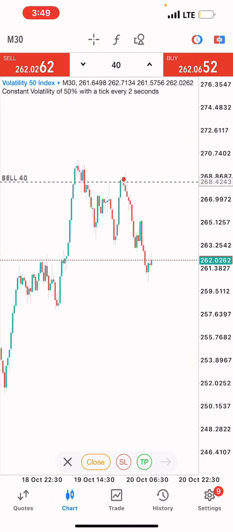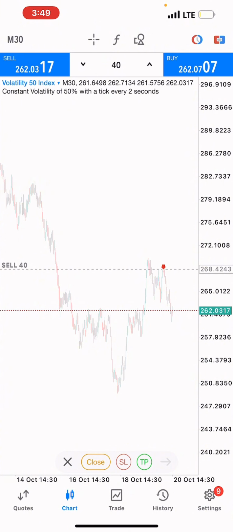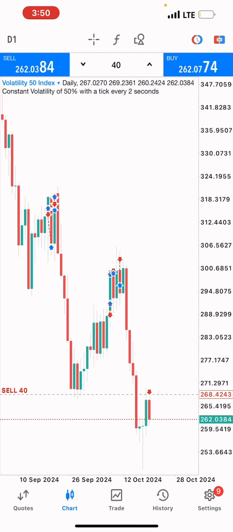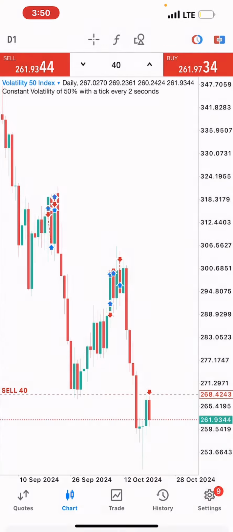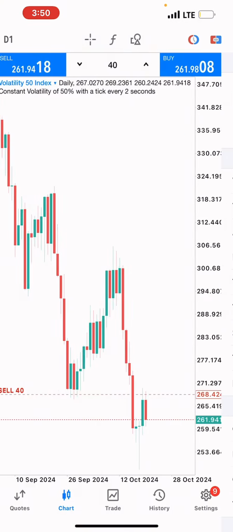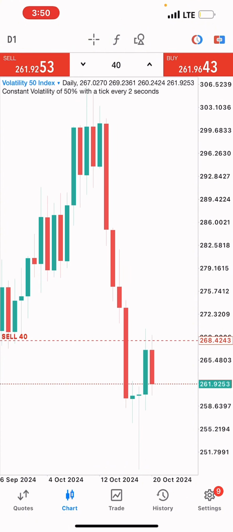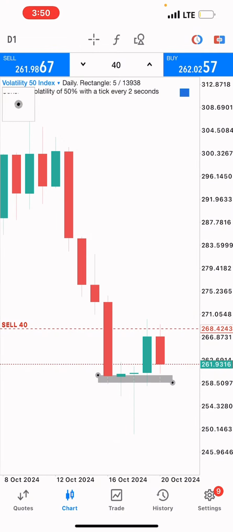All right, so as you guys can see, this market is actually in a downtrend. But what I'm seeing here on the daily time frame, this market is actually going to be buying for a while.